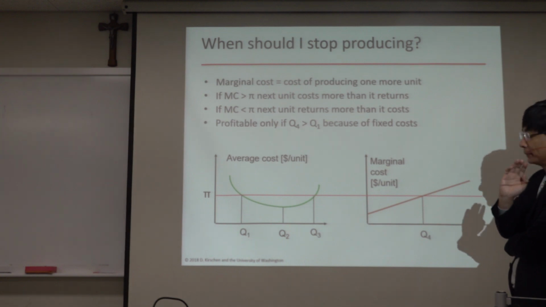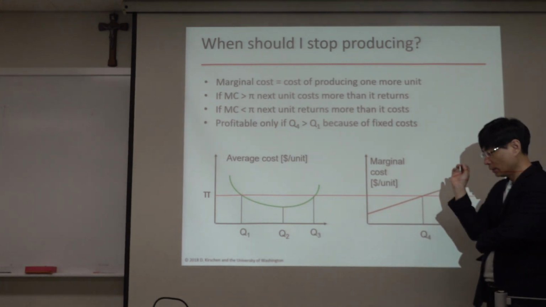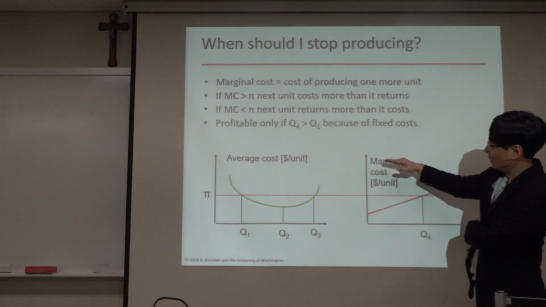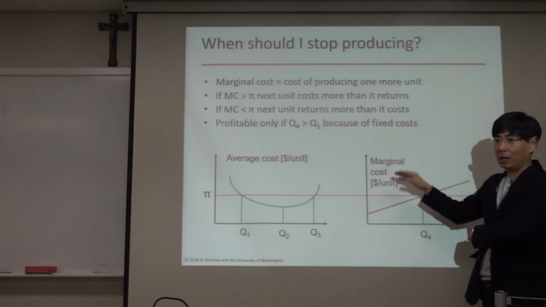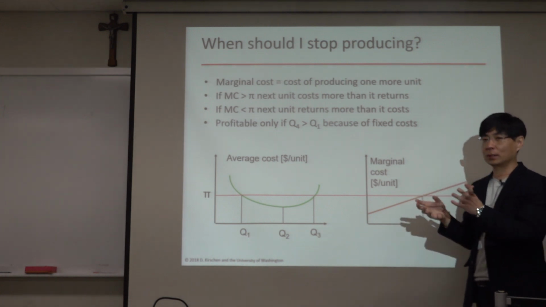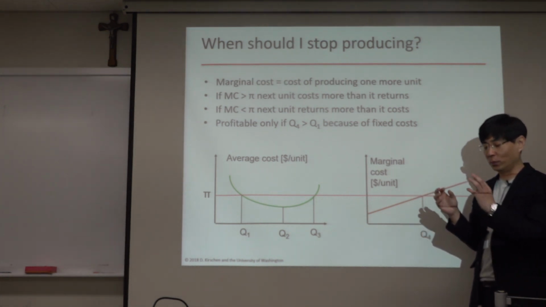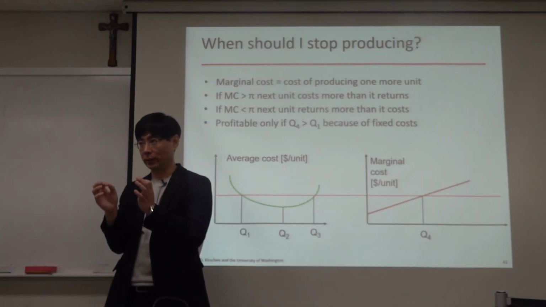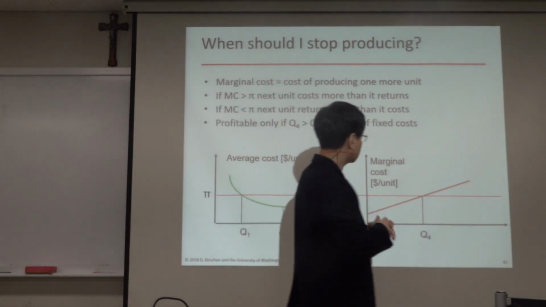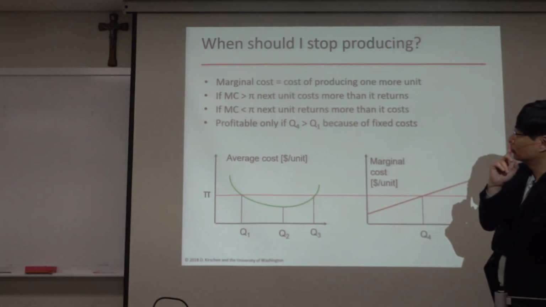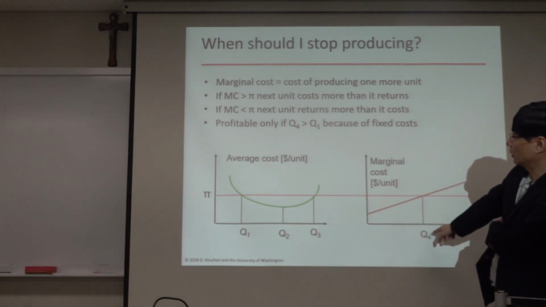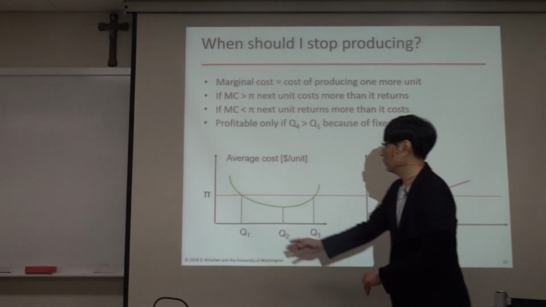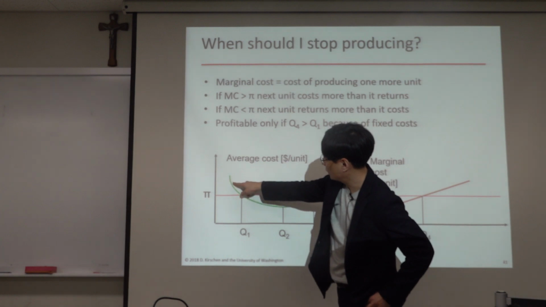So there is an important point here. When we talk about marginal cost, this marginal cost does not consider fixed cost, right? But we also need to consider fixed cost too, okay? So in that case, this Q4 should be greater than Q1 because after this point, anyway, the average cost decreases.